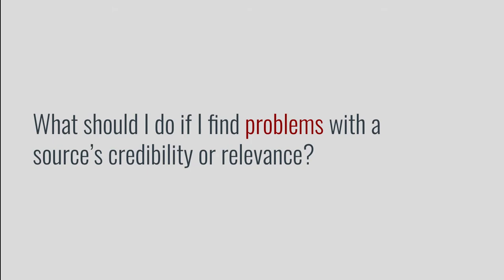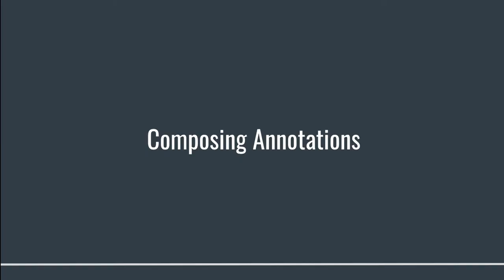So again, we just want to be extremely transparent about things, and that's what the annotation serves for. It gives you the opportunity to evaluate and reflect on the information that you've researched.